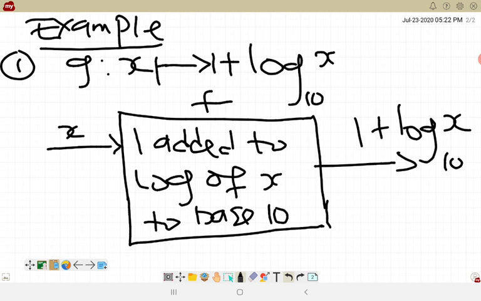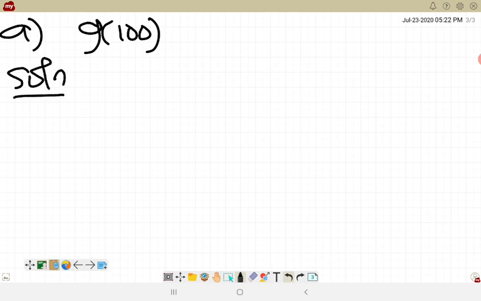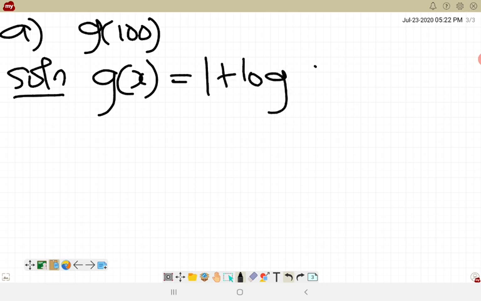With this function, let us do some substitution. A, find g of 100. Remember that the function can be rewritten as g of x equals 1 plus log x base 10.